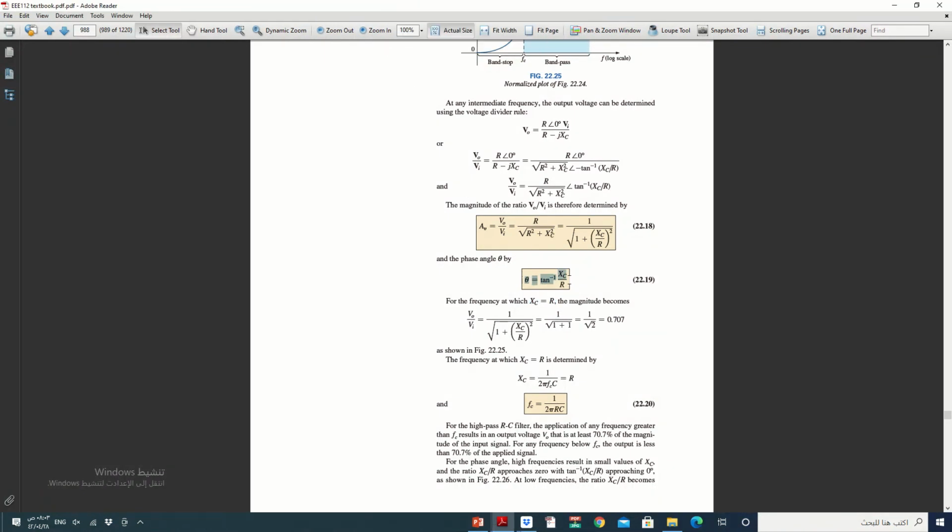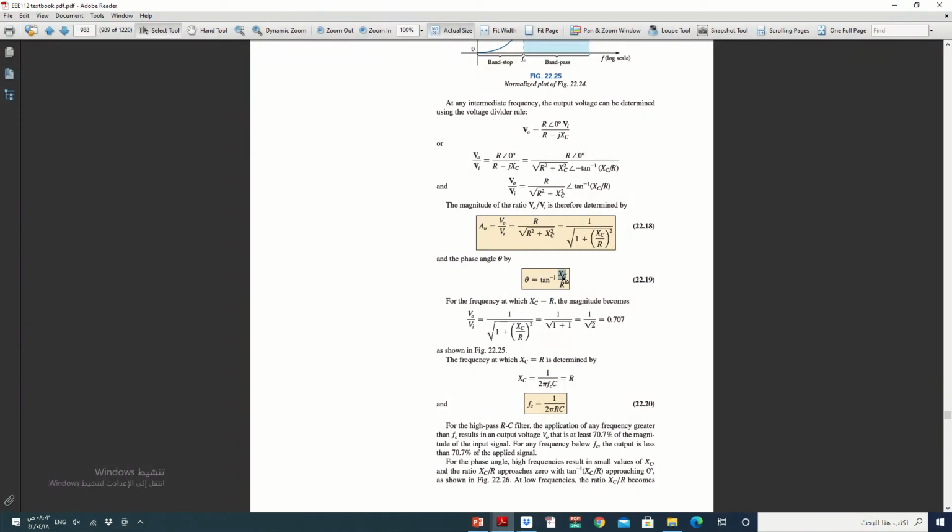If we now need to draw the phase angle response for the high pass RC filter, we need to concentrate on this formula, tan inverse XC over R. For high frequency, what will you get? You will get a low value of XC, almost 0.